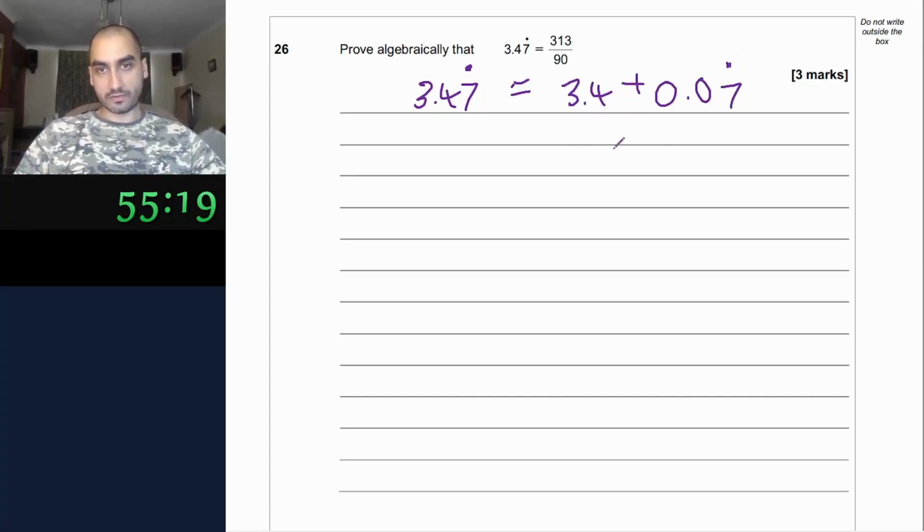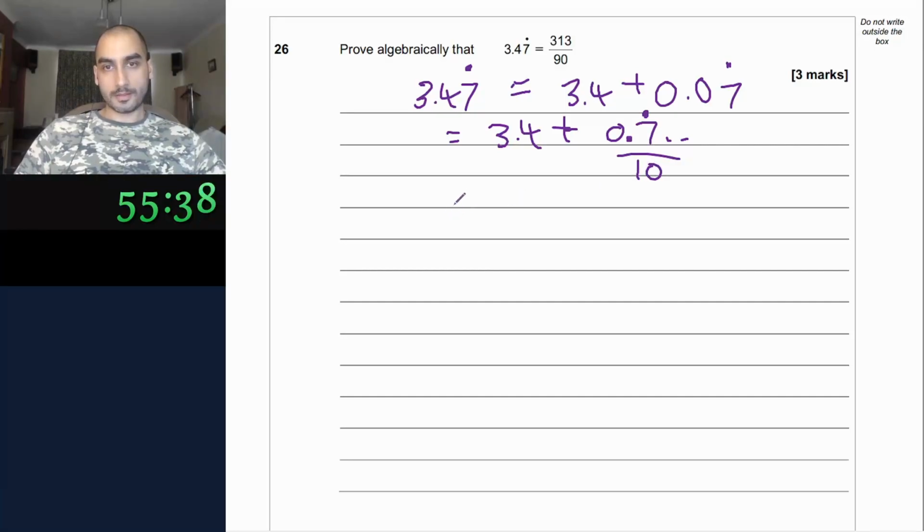That seems clear enough. And that equals 3.4 plus 0.7 recurring over 10. Right, we know 0.7 recurring equals 7/9.